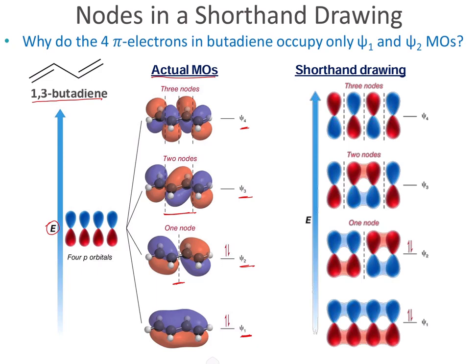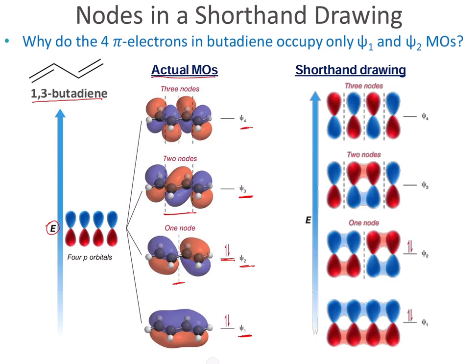Because there are 4, we follow Hund's rule exactly the way you learned it in filling orbitals, the lowest energy first. We fill the first one until it's completely full before we go to the next. And once we go to the next, we also fill it until it is full. Then psi3 is going to be empty, psi4 is going to be empty.